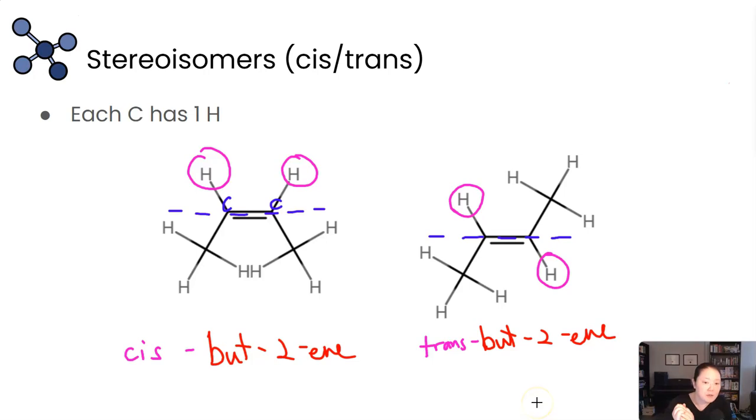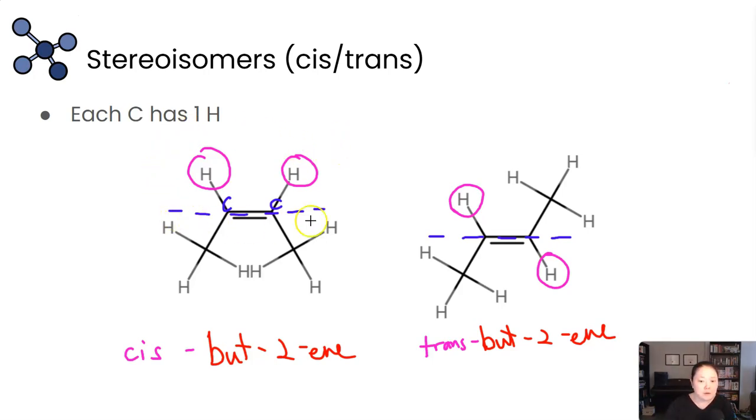Now, something that might help you remember how this works is that you have actually probably seen by this point the prefixes of cis and trans before in real life. Usually you're going to be talking about gender in that context. So you've probably heard about cisgender and transgender. Cis means same.